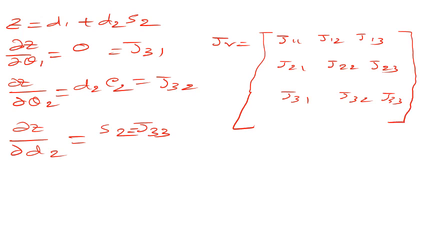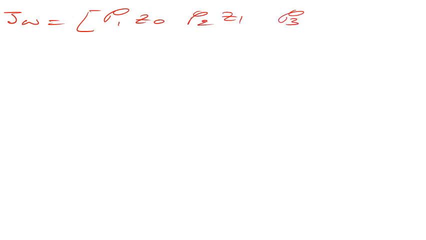Okay. Now we have to find the J omega. So we go to the next slide. The rule for J omega, as you know, is rho 1 z0, rho 2 z1, and rho 3 z2.